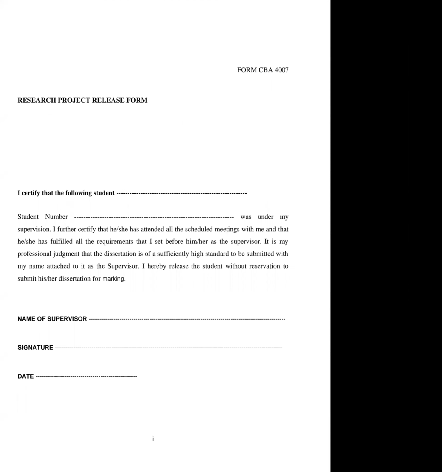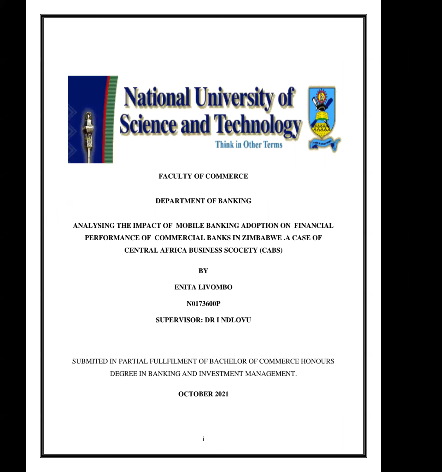The first thing with the cover page is that it must capture the name of the university and the motto of the university and the logo, any one of the logos that are used in the official documentation of the university, and also the faculty that we are under, the Faculty of Commerce, and the department, which is the Department of Banking.